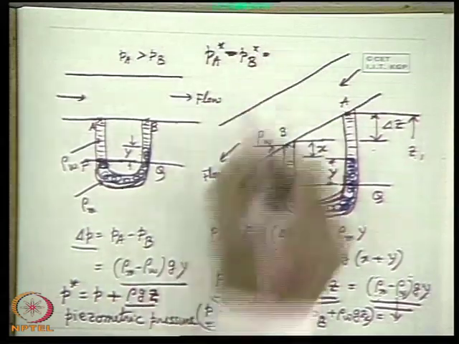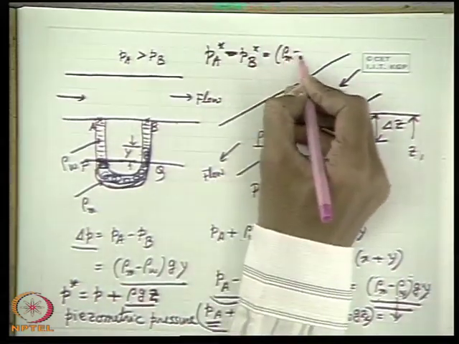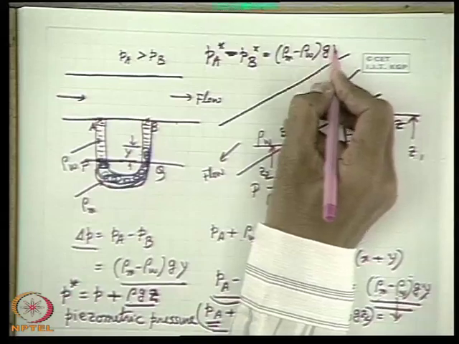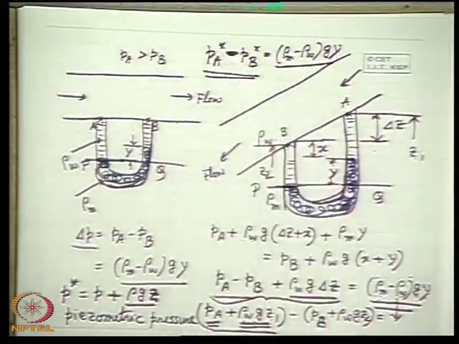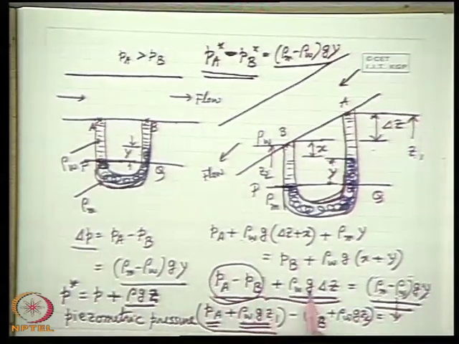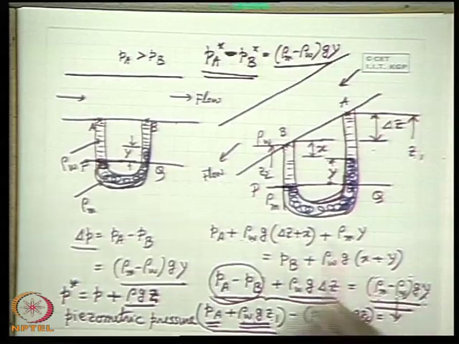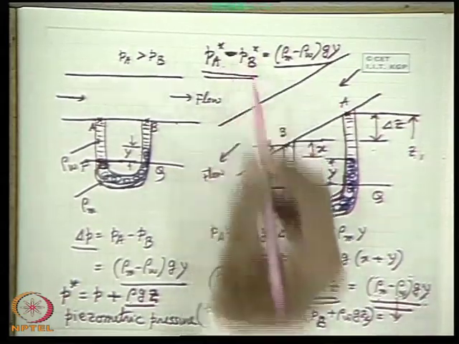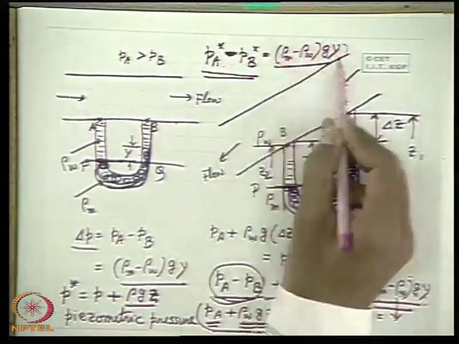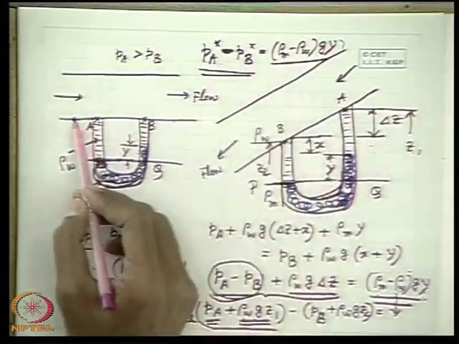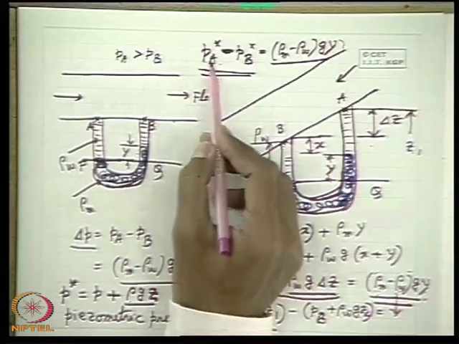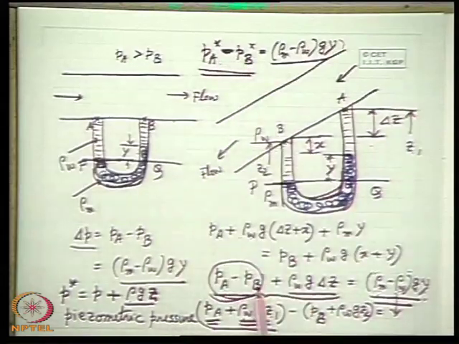That means the same equation we can use for an inclined pipe, where if we find this quantity, this will give you the piezometric pressure difference instead of static pressure difference. So if you have to find out the static pressure difference, of course you will have to deduct this thing. But sometimes directly we want the piezometric pressure difference. In that case, from the manometer reading Y, we can straight away find out the piezometric pressure difference. In case of a horizontal pipe, the piezometric pressure difference becomes equal to the static pressure difference, because delta Z is 0. All right.